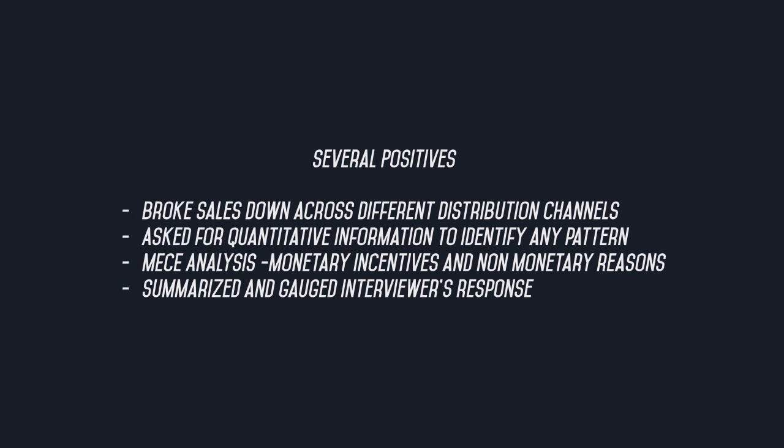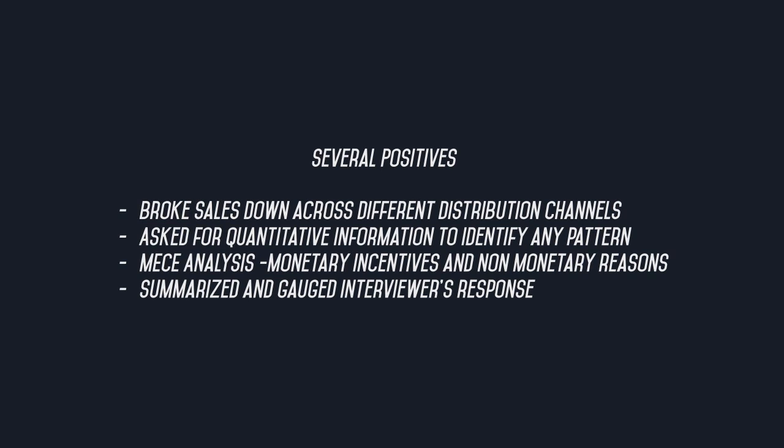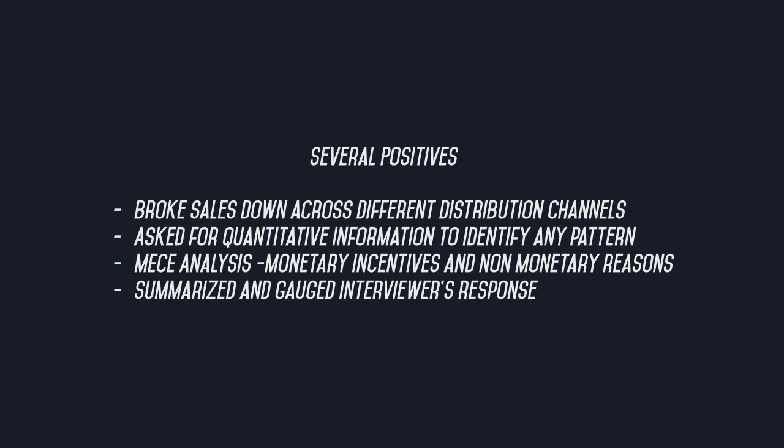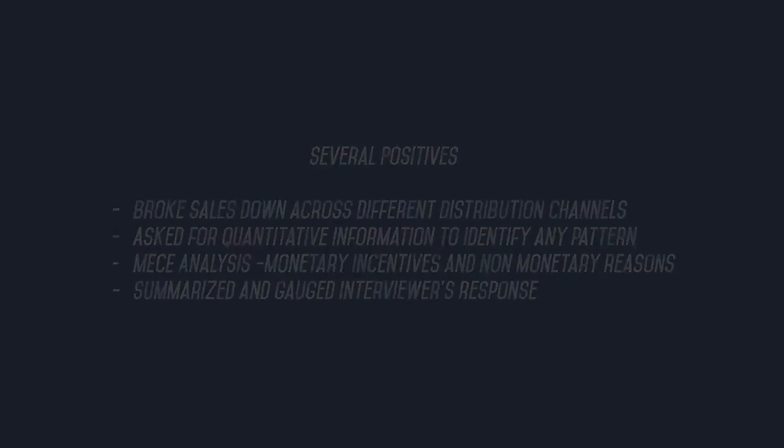Finally, he synthesized and said that the distribution branch can be eliminated. He then gauged the interviewer's body language, and after getting an approval that the distribution branch has been effectively analyzed, the candidate moved on to the next branch of analysis.